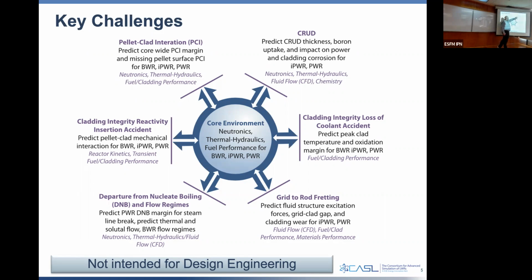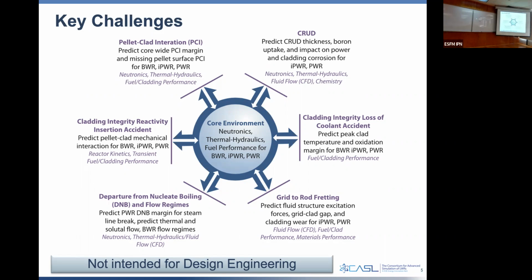How is crud building up on the surface of all these fuel rods? How do their individual temperatures and the coolant flow around them impact that? So it really requires a higher level of fidelity. One of the key pieces of this was that we need a higher resolution fundamental core analysis code.